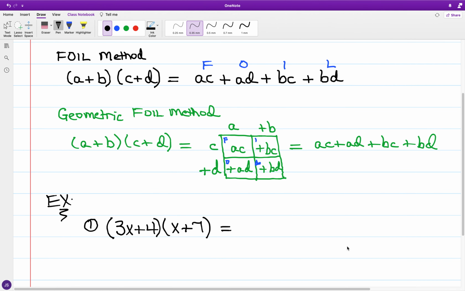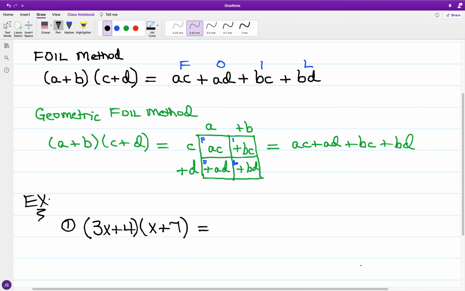If you see the result right away, that's fine. But just looking at it, you have a couple of two-term expressions, so you have a plus b, c plus d. A plus b is represented by 3x plus 4. C plus d is represented by x plus 7.